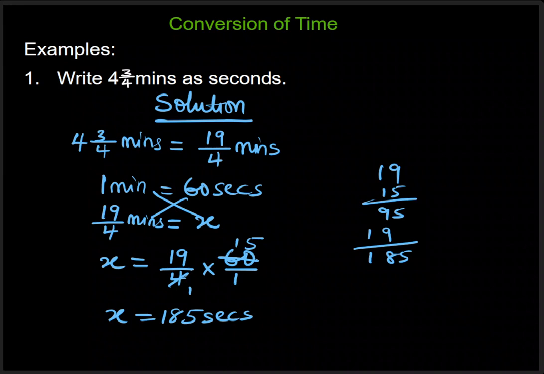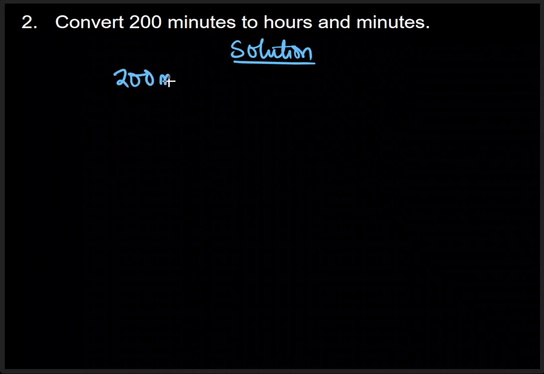Okay. So let's see. All right. So let's go to number two. Number two says we should convert 200 minutes to hours and minutes. We are given 200 minutes.